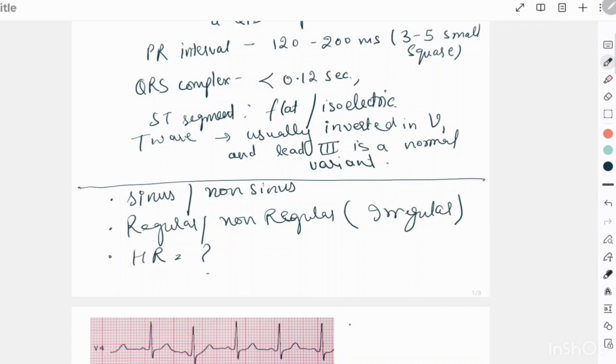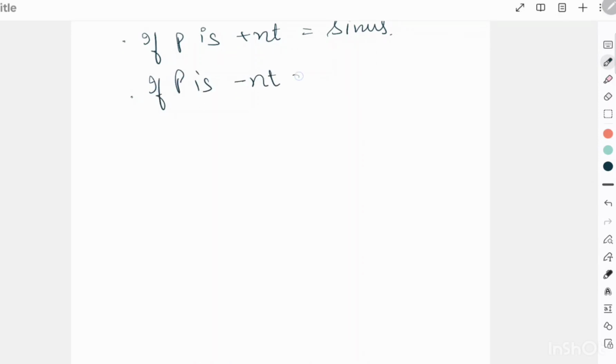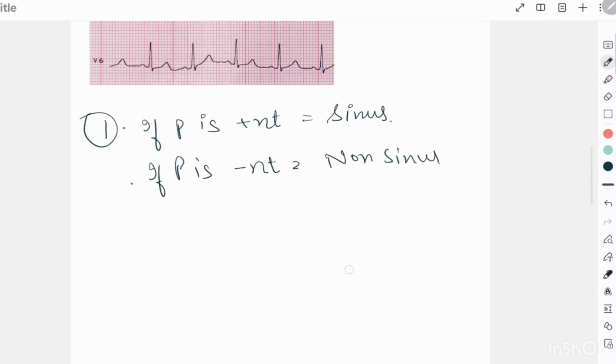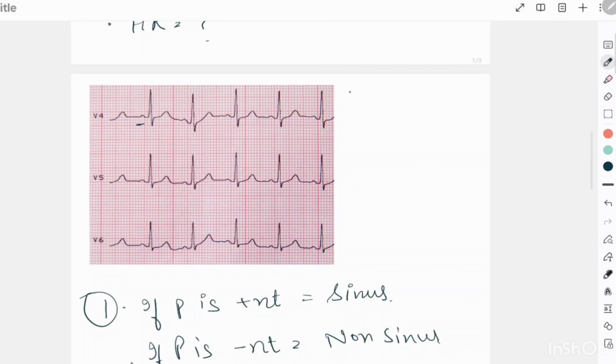First, how we can consider it sinus or non-sinus: if the P wave is present, it is sinus. If the P wave is absent, it is non-sinus. See here, this is the P wave and it is present before the QRS complex. Here also. So this is sinus.